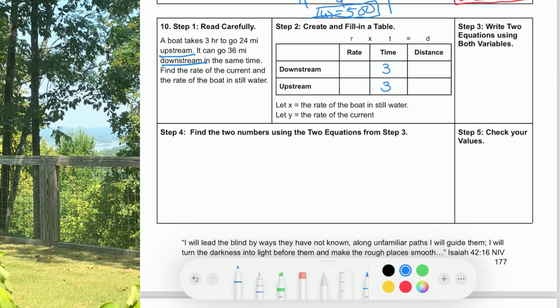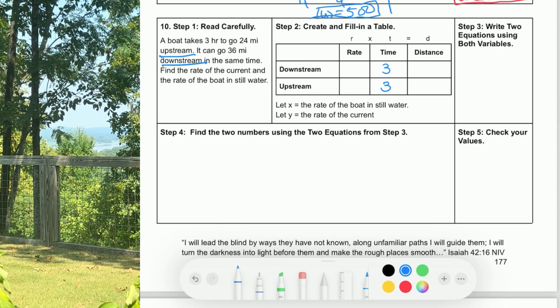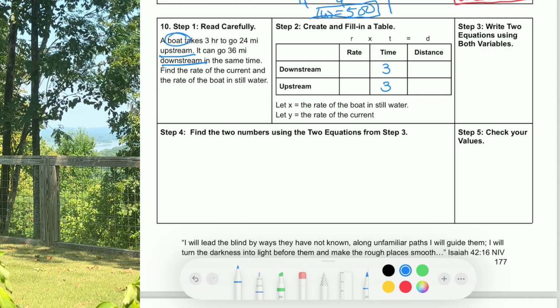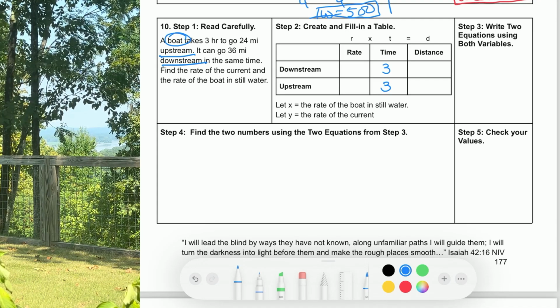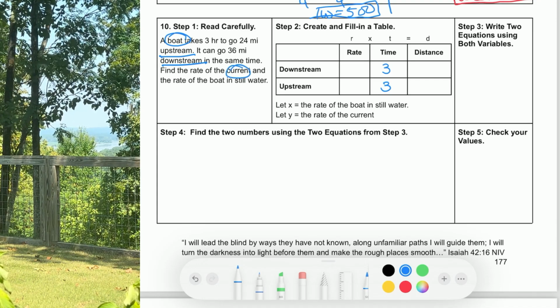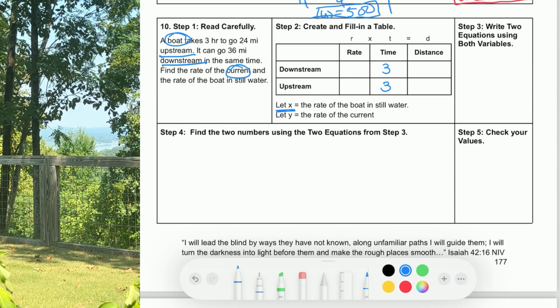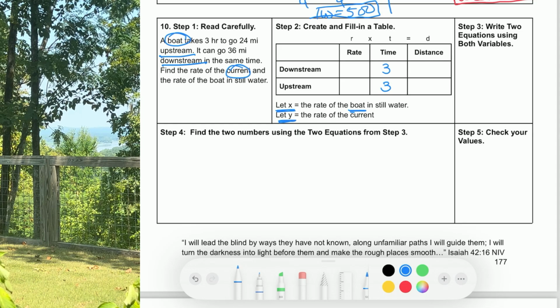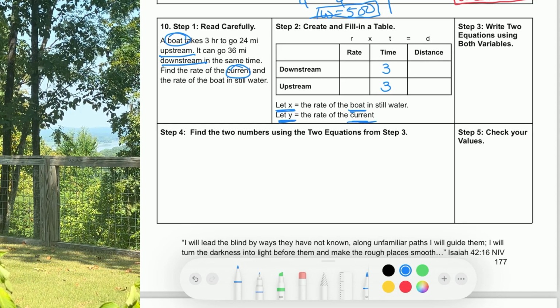But how do we fill in our rate? Well, we have the rate of two items. We have the rate of our boat and we have the rate of our stream, our current. So I'm going to let X be the rate of the boat. And I'm going to let Y be the rate of the current, the stream.